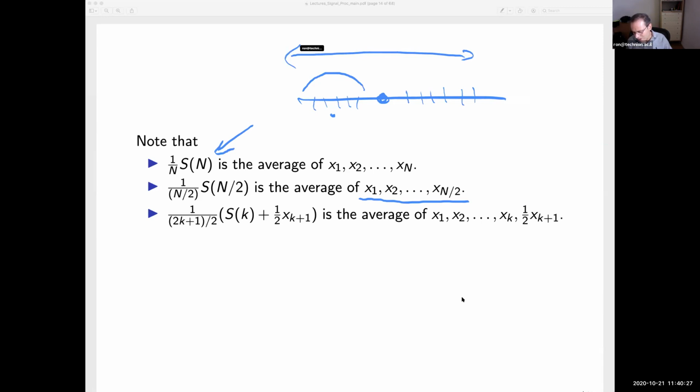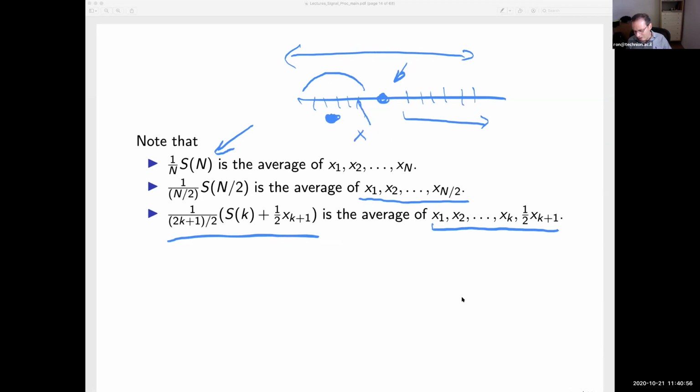Because what would happen is that all these numbers would push my average, the average of all the numbers, from being the center of gravity here to the center of gravity here, okay? And this is nothing but the average of all the numbers up to half point between the 2 points in the middle, especially if I have an even number of points.